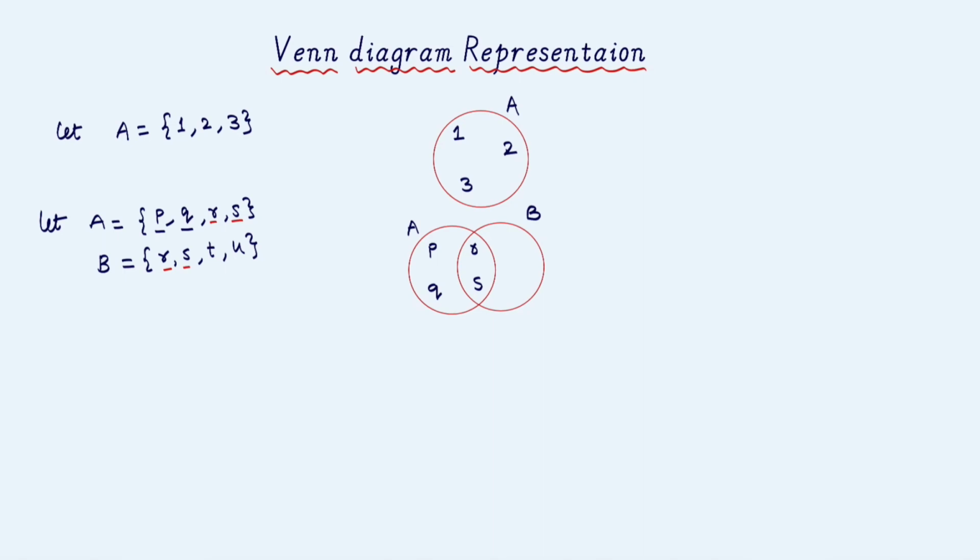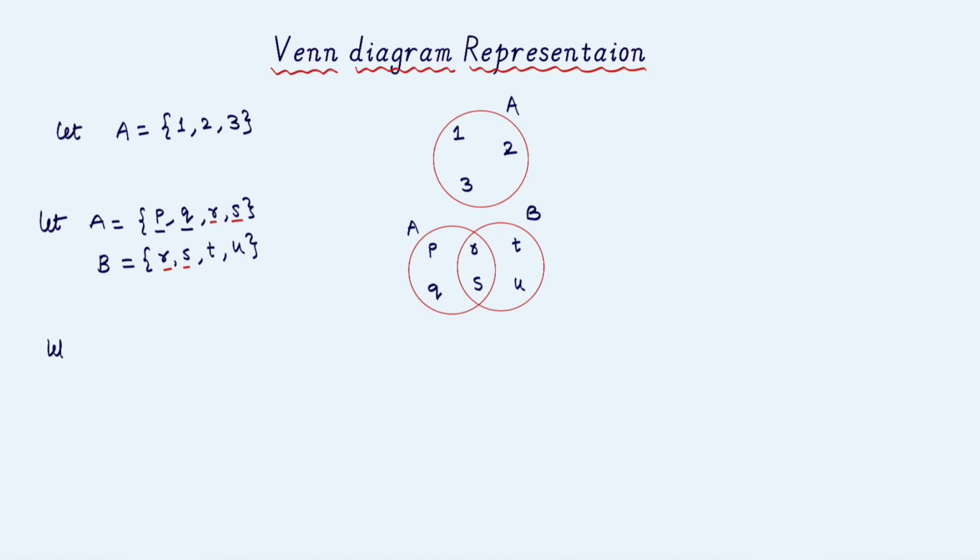T and U. So T and U should be written within the circle B. So in A we have PQRS, in B we have RSTU, and in common we have R and S. All together we have PQRSTU. So this is the representation of two sets together. Now let's see another case.